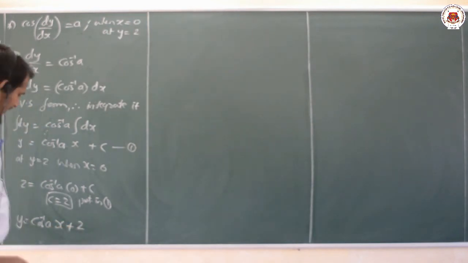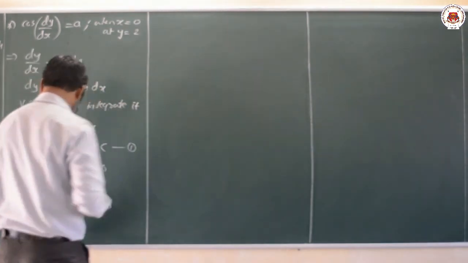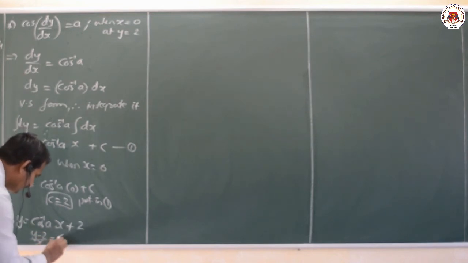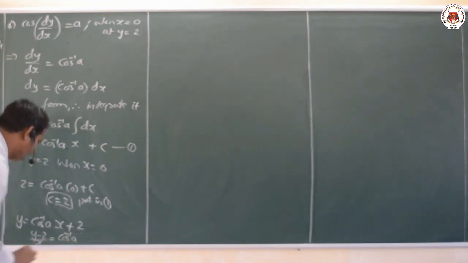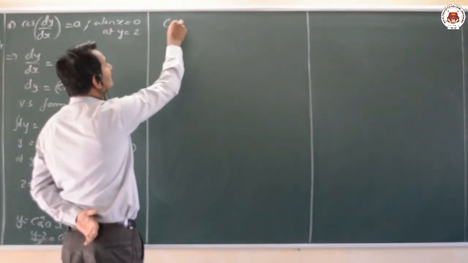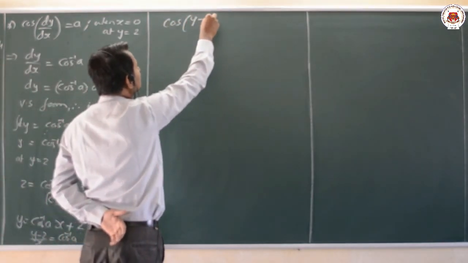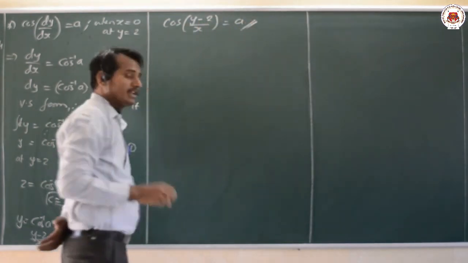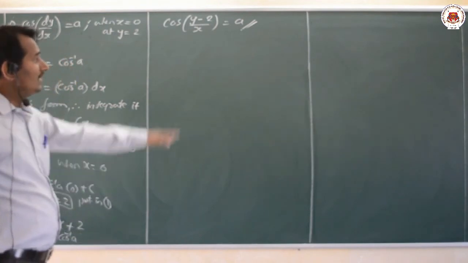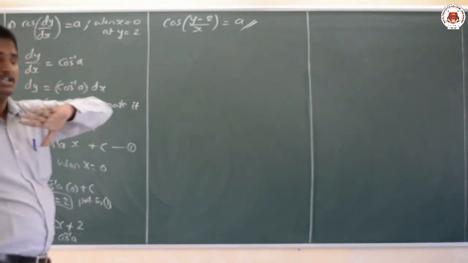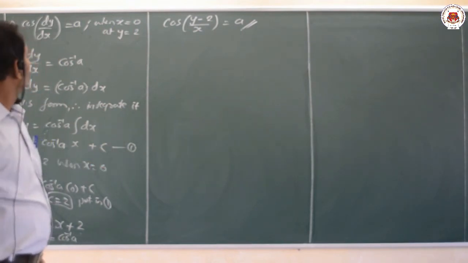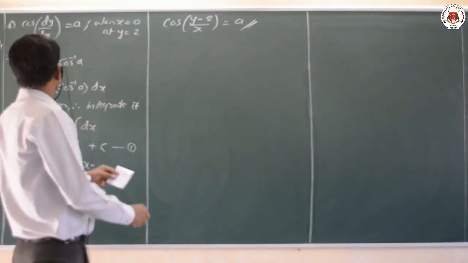Now I will rewrite once again. So we get y minus 2 divided by x equal to cos inverse of a. That means cos of (y minus 2) divided by x equals a. That is nothing but our required particular solution, where a is a constant and c is our integral constant. Dear students, very simple example.